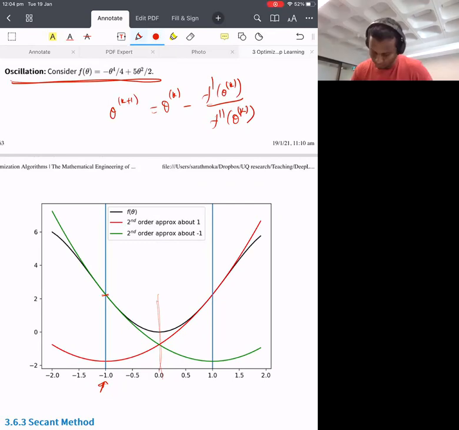Suppose theta k is -1. You can compute that. It implies theta k plus 1 is +1. So if you are here, the second order approximation tells you that you should move to this point, theta k plus 1.